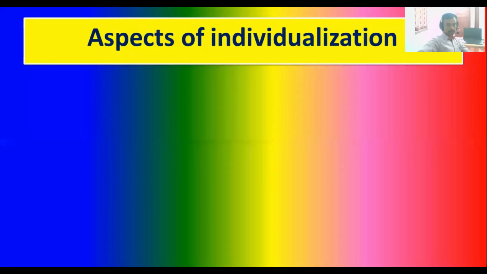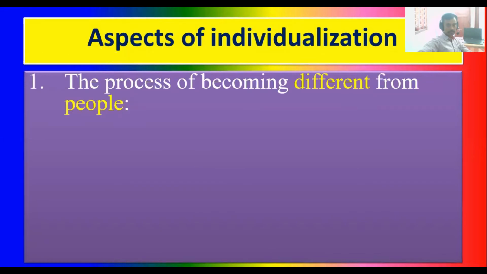Approaches or aspects of individualization. First aspect: the process of becoming different from people. So a single person is separately considered, and how a person behaves and works in a particular group.